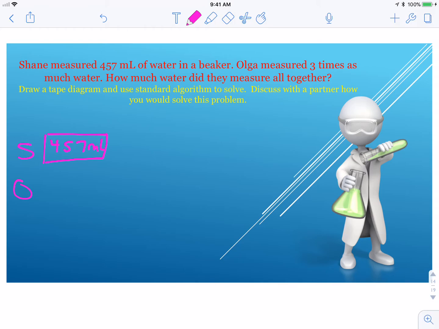Olga measured 3 times the amount Shane did. So she did that 3 times. How much did they measure all together?